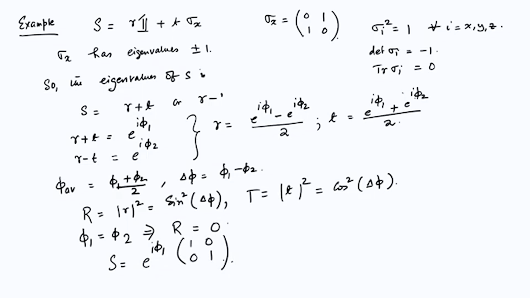So this tells you that if there is no difference between the reflected and the transmitted waves, then of course there is no reflection, and the whole thing is transmitted. And we have used this.